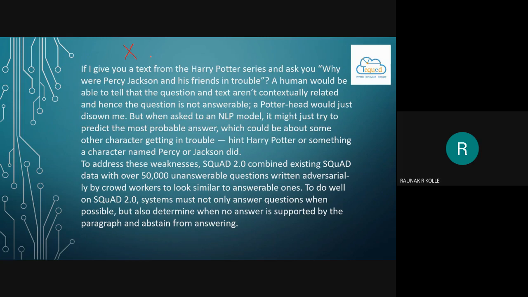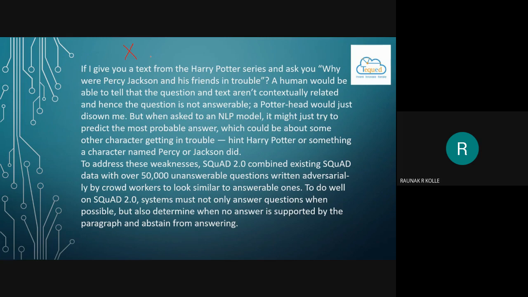To address these weaknesses, SQuAD 2.0 combined the existing SQuAD data with 50,000 unanswerable questions written adversarially by crowd workers to look similar to answerable ones.